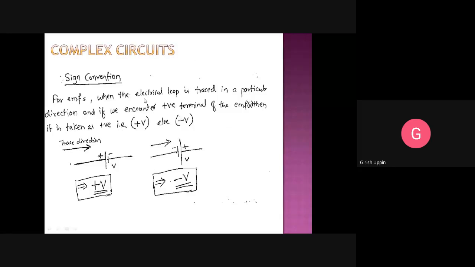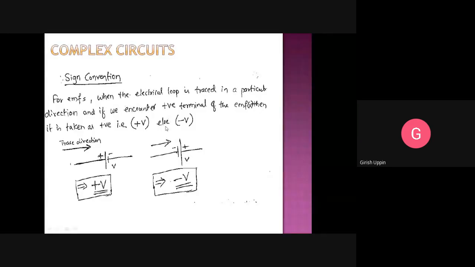When the electrical loop is traced in a particular direction, we are going to use clockwise tracing. If you encounter a positive terminal, that is, you are tracing the circuit and you come across the positive plate of the EMF source, then you will take that voltage as plus.